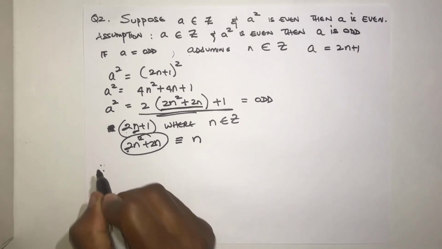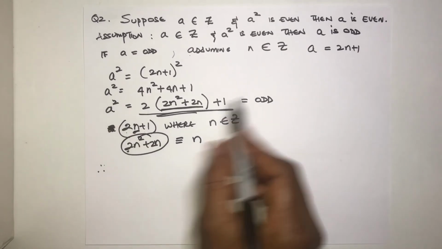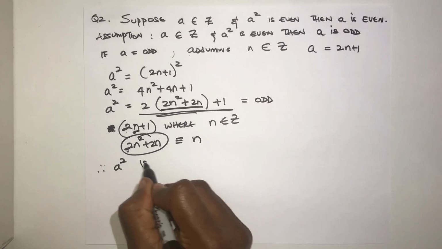So therefore this is saying that a squared is actually odd. So a squared is odd.